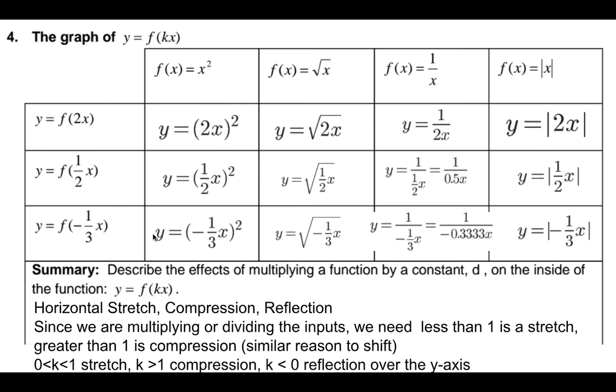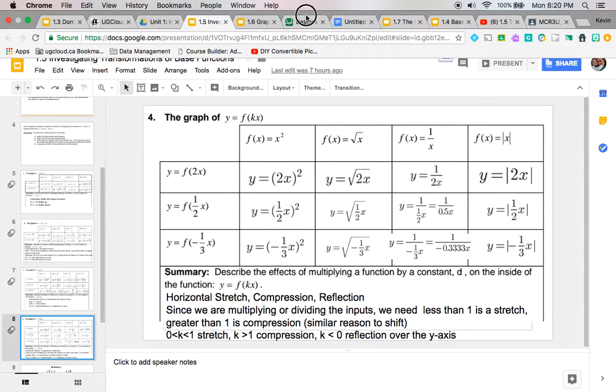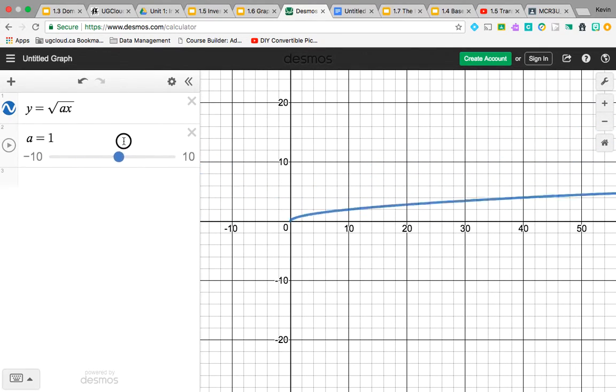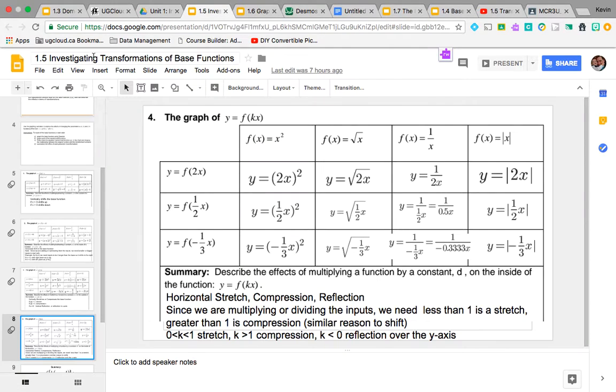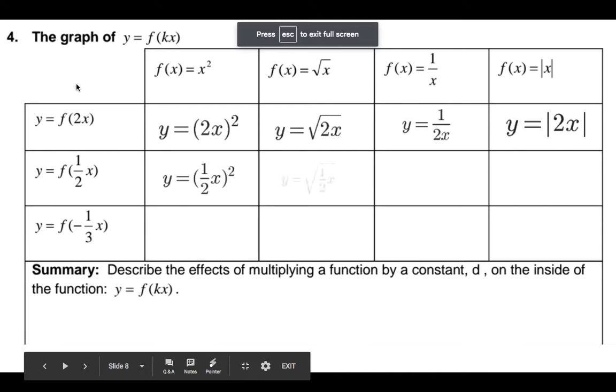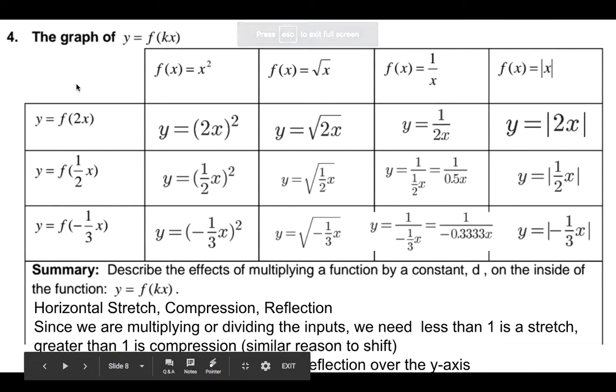And so when you have a negative number, you can see it's just horizontally reflecting it. Everything's happening horizontally here because it's happening to the x value. It's multiplying the x values, not the answer after you get the output. Okay. So that's just a quick overview of what each one of them does.